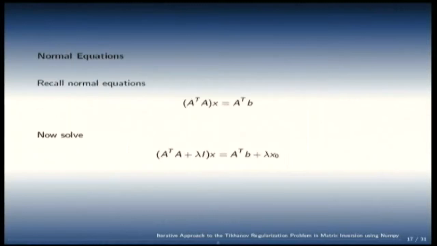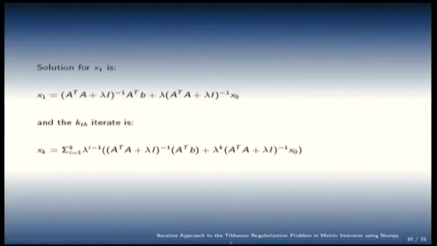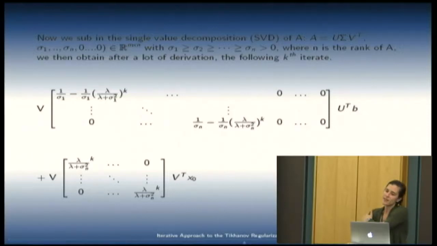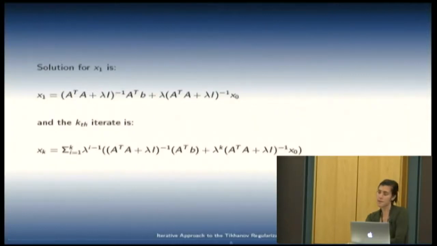Okay, so the last step is I have my xk, and this is where NumPy is useful. I have to break this A matrix up using a singular value decomposition. Any matrix can be broken down with a singular value decomposition.